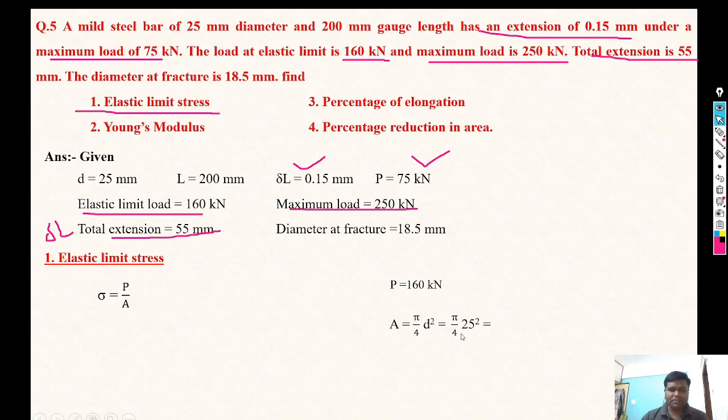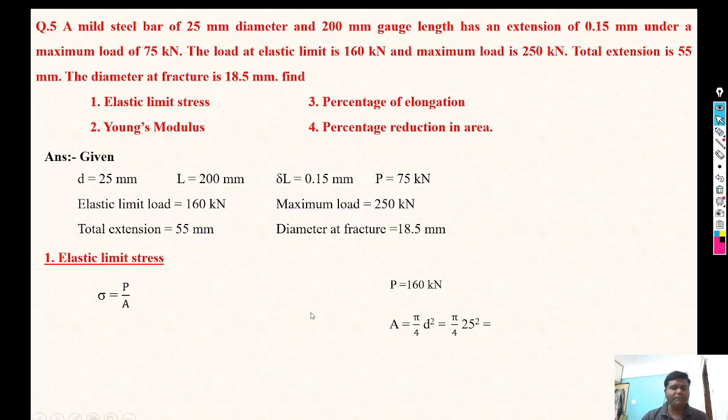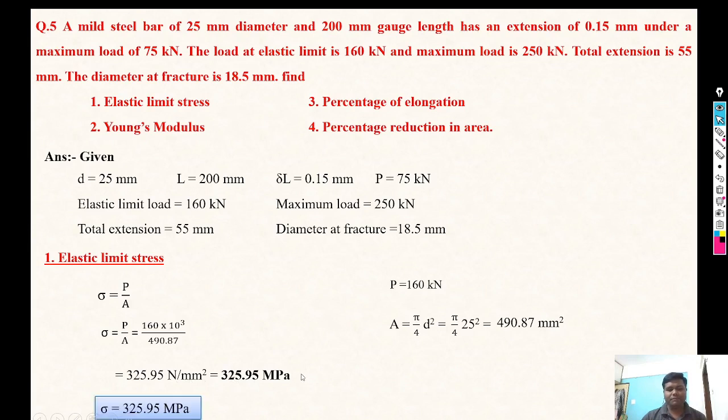Diameter is 25 mm, so calculate the area from the diameter, that is 490.87 mm square. Putting these two values in the stress formula, we get the stress, 325.95 Newton per mm square, that is 325.95 megapascal.